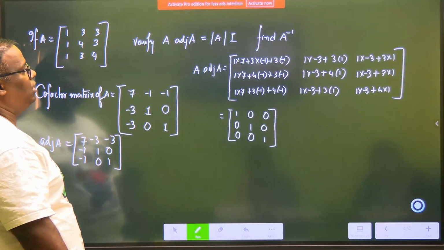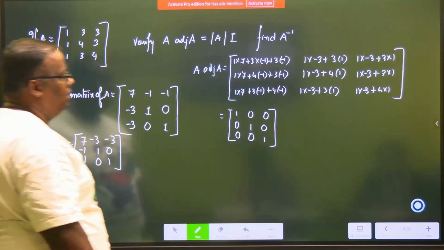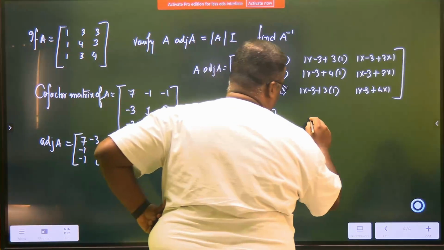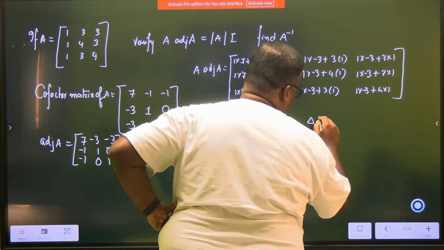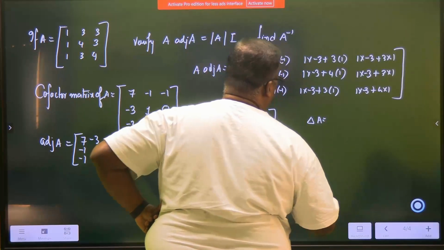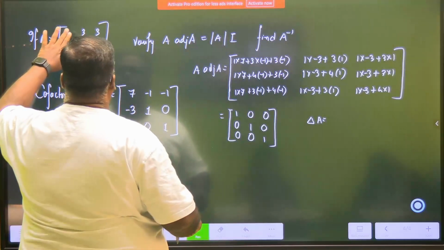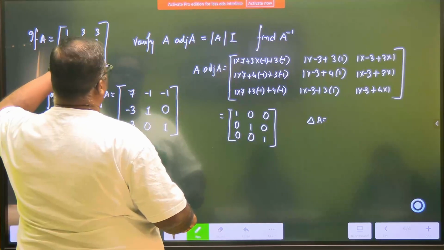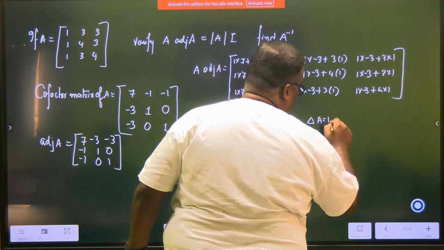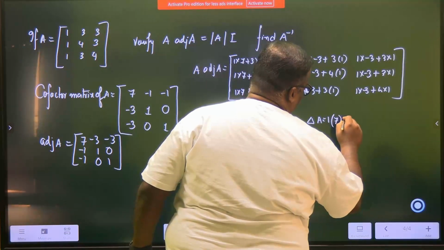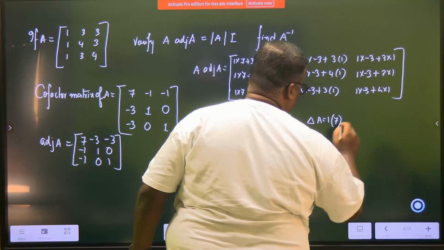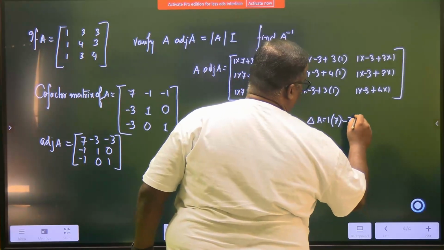Now you have to do determinant of A into I. Let's calculate what is determinant of A. Shall we? So if we take 1, 4 4s are 16, 16 minus 9, 7. Then minus 3.